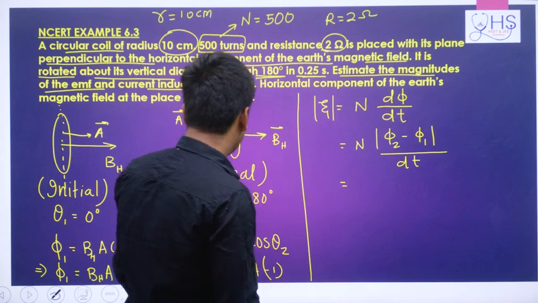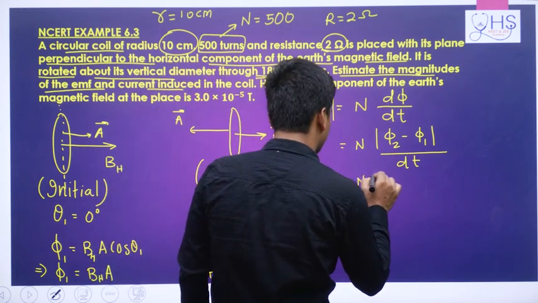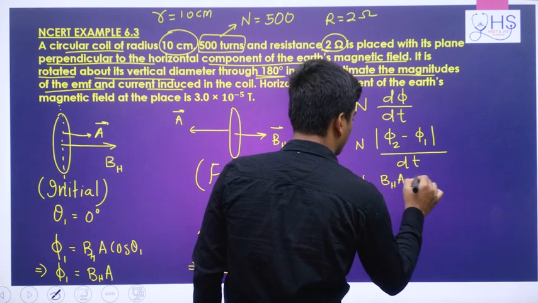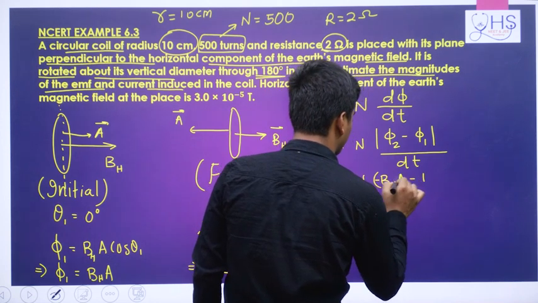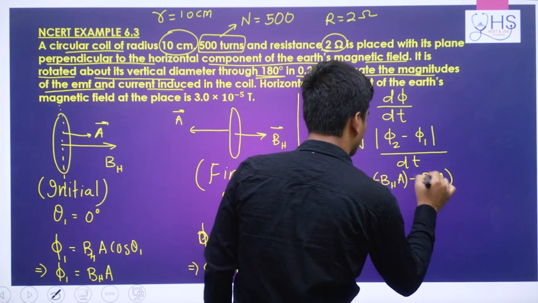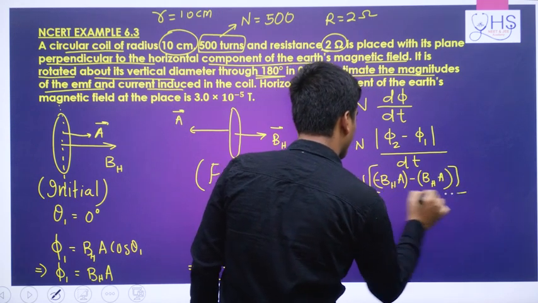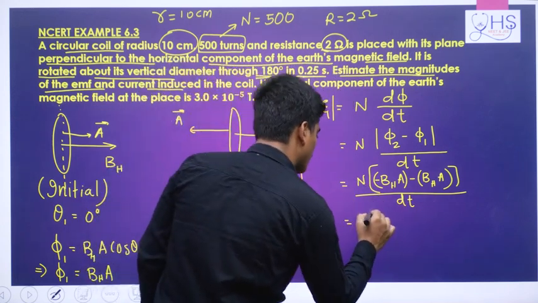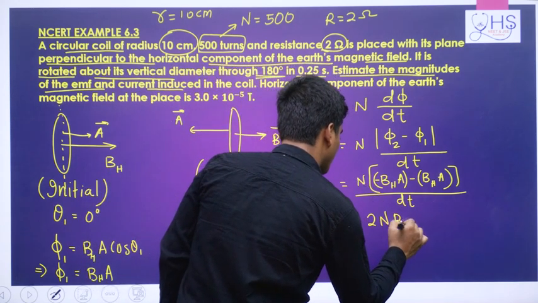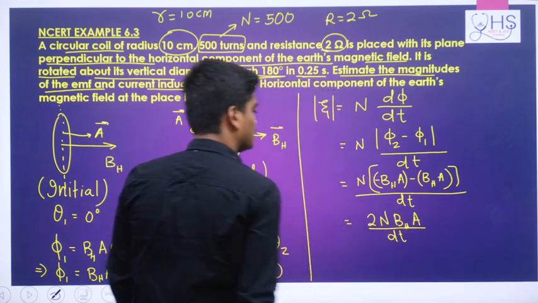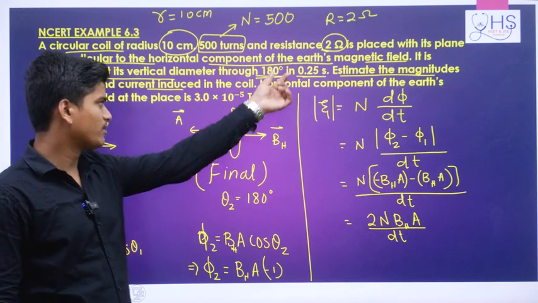Now you can write this as n times BHA minus minus BHA, divided by dt. If you check, it will come 2nBHA by dt, where dt is the time interval taken.